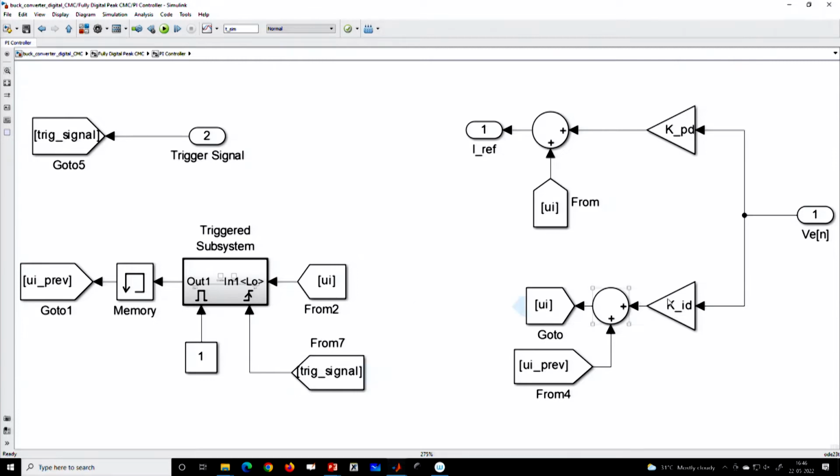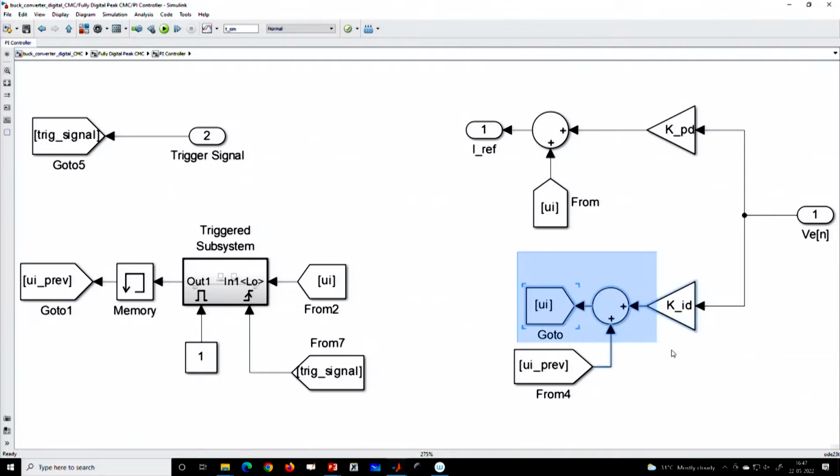After that trigger, the previous ui[n-1] which is coming here will be added along with Kid times the error voltage. Kid means the discrete time integral gain. So this is the overall integral controller, that is ui[n] equals ui[n-1] plus Kid times v[n].